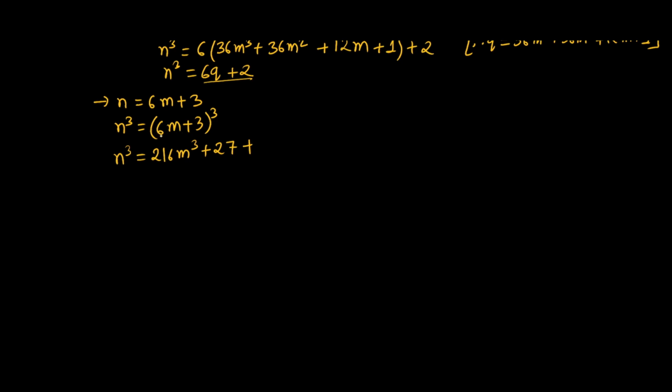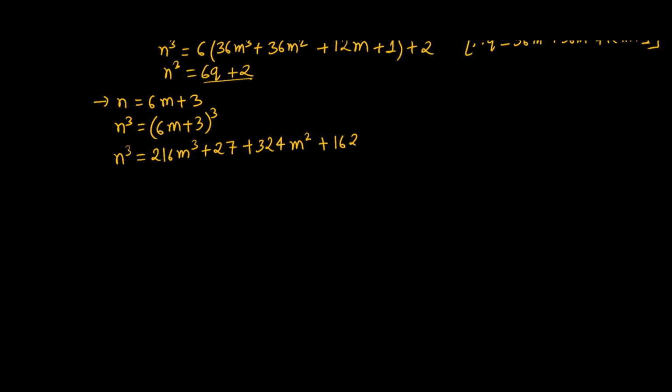So a square is 36, into 3, 108. 108 into 3, 324 m square plus 3ab square. 3a, 3a is 18 and 18 into 9.